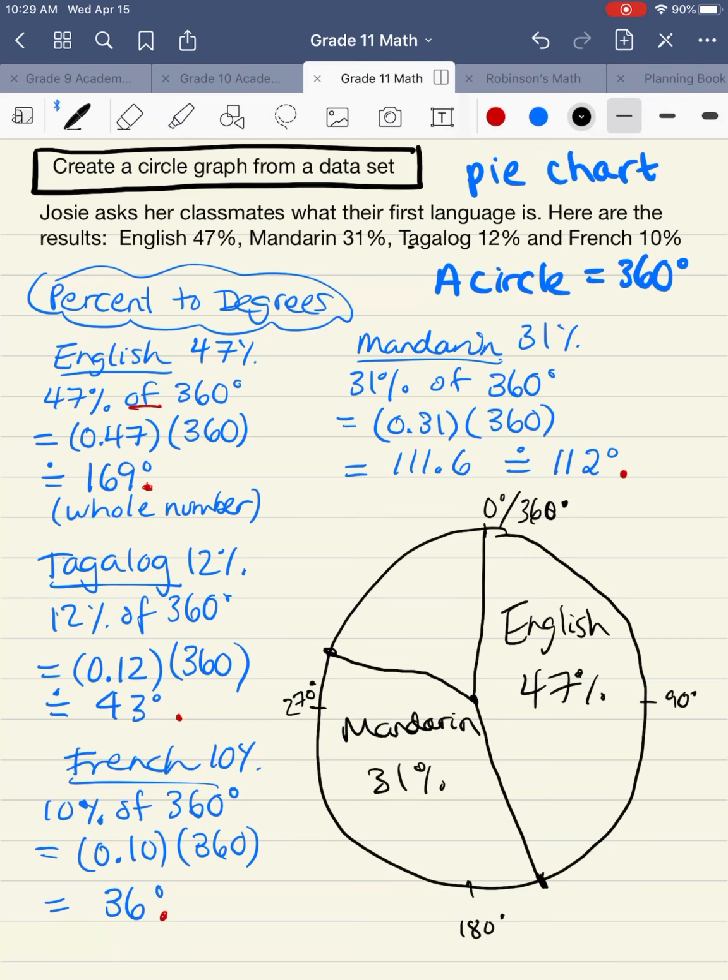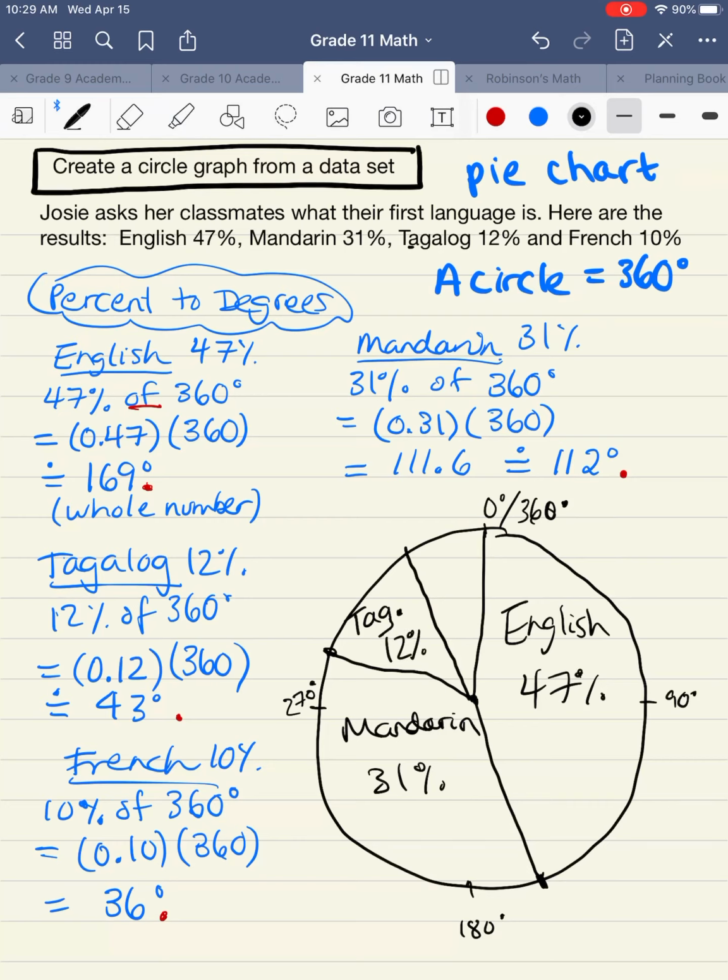Okay, so I'm going to do my best to estimate that Tagalog is going to be a bit larger than French. So here we go. And just for short, I'm going to put tag. Darn it, that's not the number we want. Okay, Tagalog is at 12%.